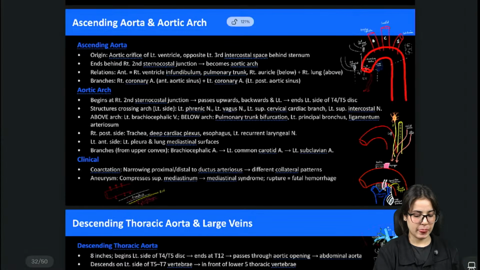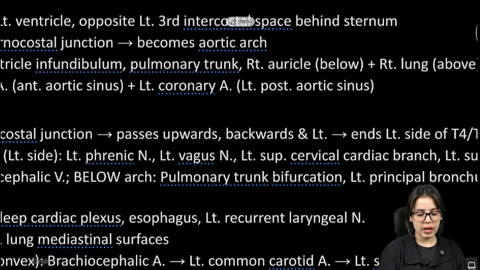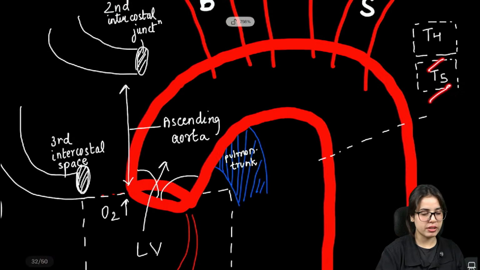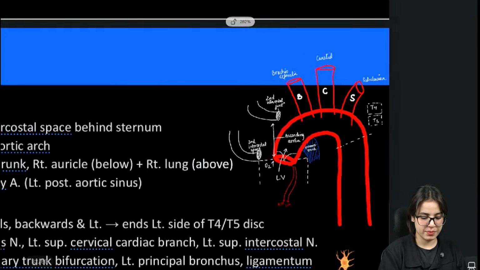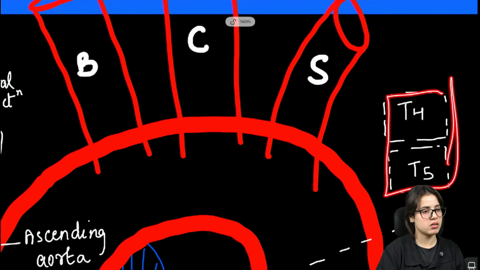Okay, let's read this. It begins at the second intercostal junction, and at T4 to T5 the descending aorta starts. Remember, this can be asked; the examiner will give you marks if you say T4, T5.